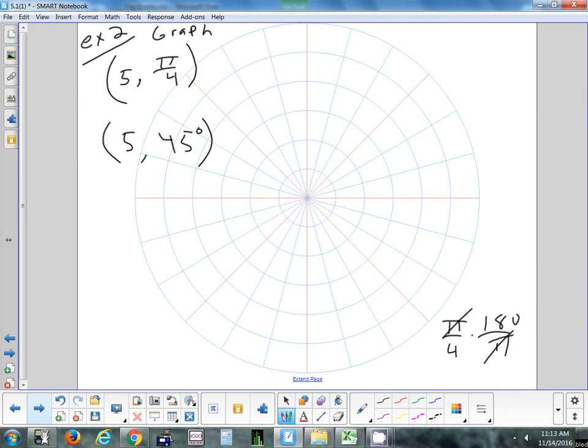All right, so what ring am I going to go on to? Yep, fifth one. And should I go 5 to the left or 5 to the right? 5 to the right. And how do you know that? Because it's 45 degrees. Careful, the 45 degrees doesn't tell me which ring to go on. What number tells me the ring?